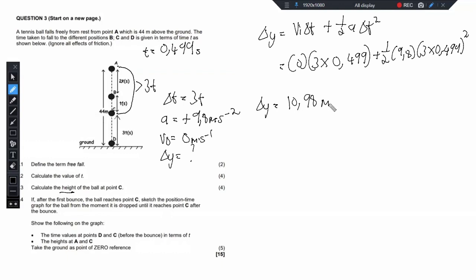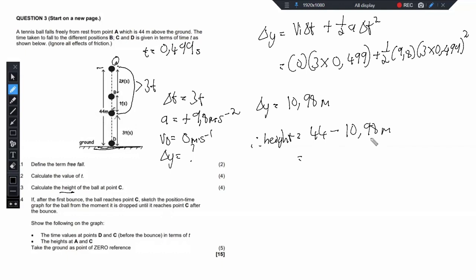10.98 meters, right? But remember, we are to calculate the height of the ball at point C, from the ground, above the ground. So note that this is the distance that the ball covers from A to C. But if we want to calculate the distance above the ground to point C, then we need to say our height is the 44 meters here minus the displacement covered, or the distance covered.